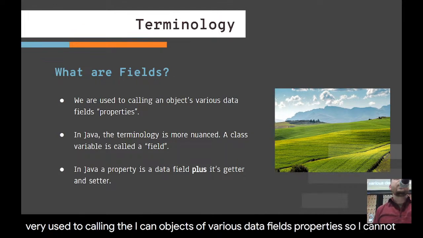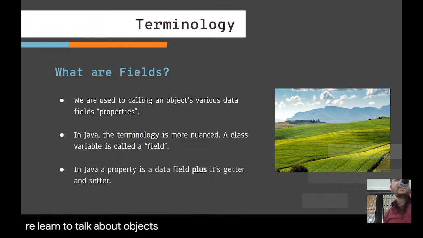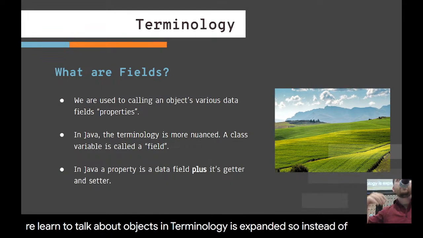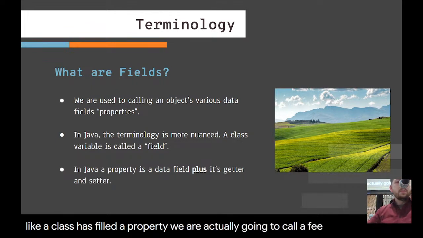An object has a property which is made of a key value pair. That's how we learn to talk about objects. In Java, the terminology is expanded. Instead of calling a class's field a property, we are actually going to call it a field.